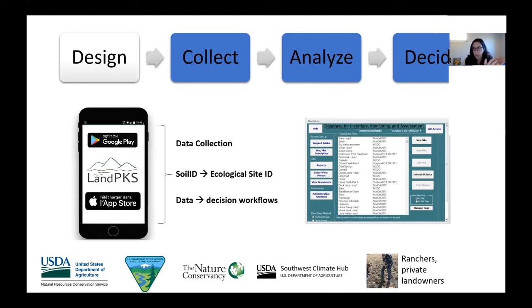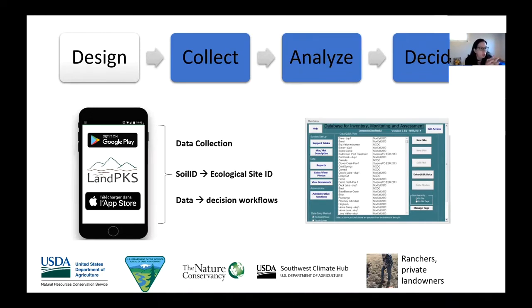So Land PKS, the mobile app project that Jeff Herrick's been leading, is a great example of that, of allowing ranchers, agency staff, partners abroad to collect core methods compatible data. That app in the future will be splitting out because there's so much in that one project.